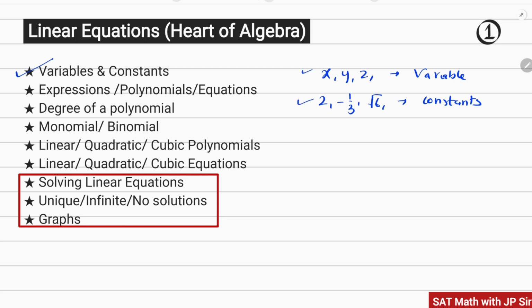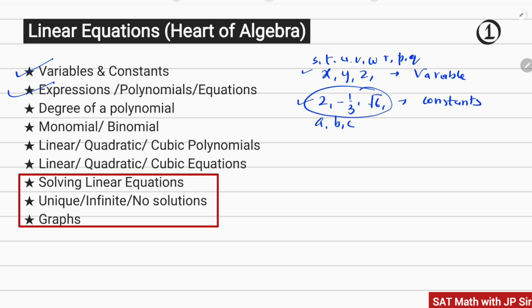So, variables, constants. Is it fine? Variables can also be represented as S, T, U, V, W, R, P, Q, all these we can use to represent a variable. Sometimes we use A, B, C as constants as well, but these are mainly constants. So I hope you have understood what variables and constants are.